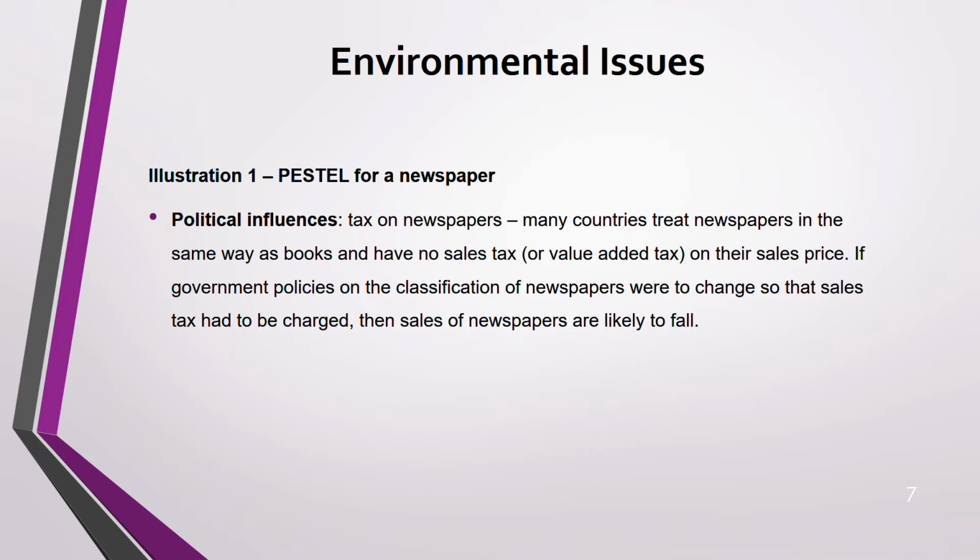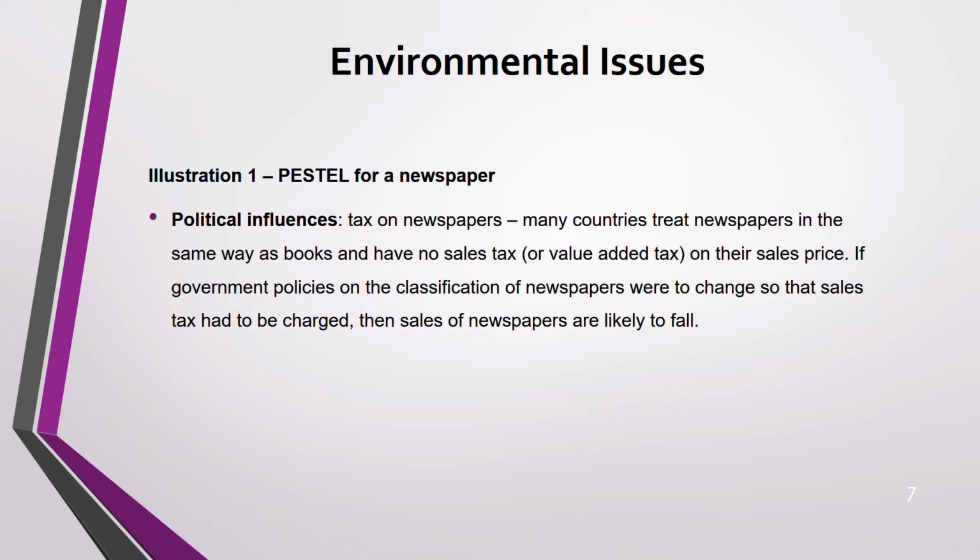But if the government policy on the classification of the newspaper were to change. Currently they don't have tax because they are treating it as a book. Books do not have sales tax or VAT. But if the government wants to change how they have classified the newspaper from book to something else, what happens?